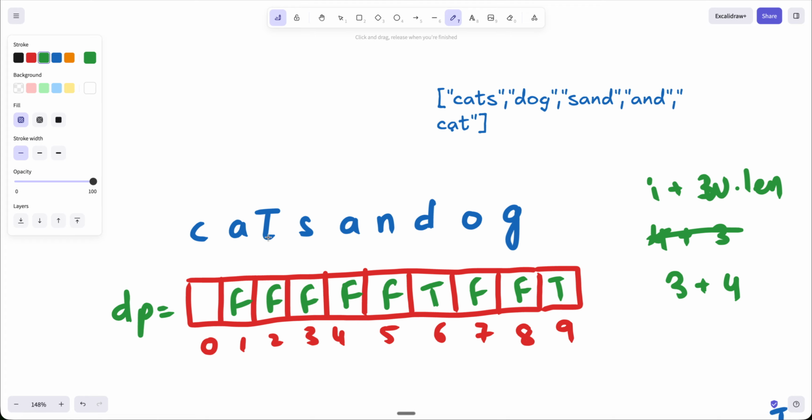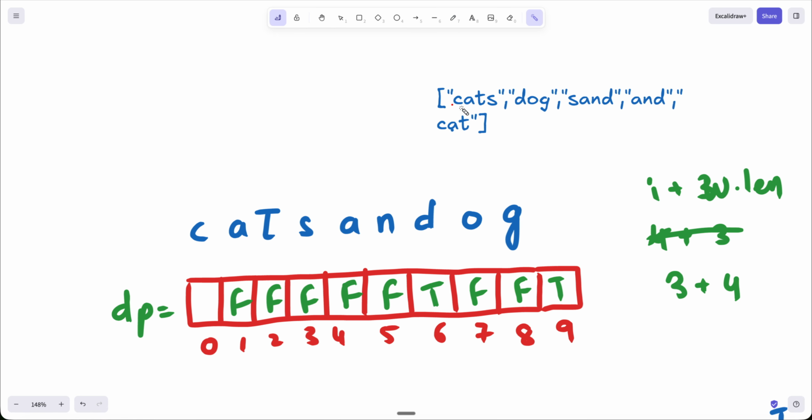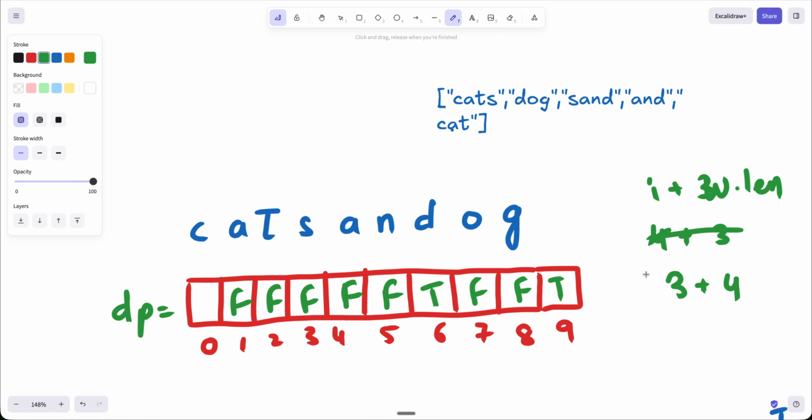And now c, when I get c, I will check the 4-letter word first, because the letters in the first word is 4. Cats, it's matching, so when it is matching, I am at 0 index, and length is 4. But if you see at the index 4, it's false, so it will be false.